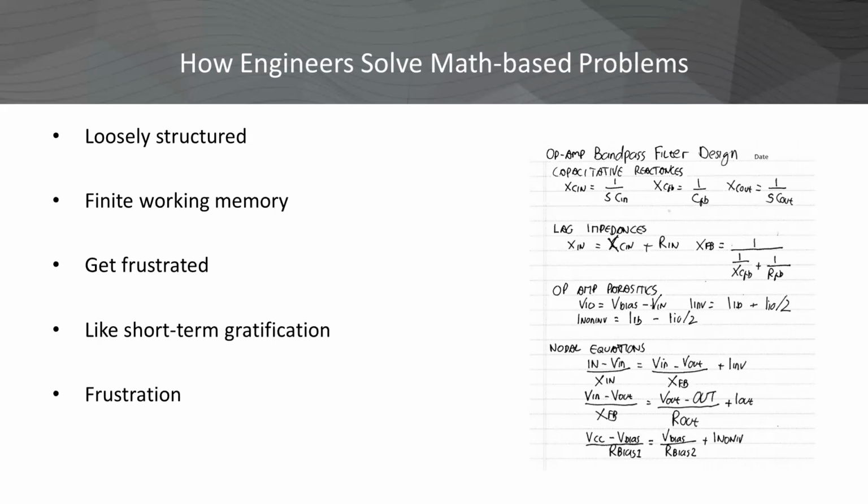People also have a limited amount of short-term working memory. So if you're doing anything non-trivial, you need to make notes as you're working. Now, it's true that people like short-term gratification, and that's not necessarily a bad thing if that blast of feel-good neurochemicals is a reward for completing a discrete task and doing it well. So software tools need to feel good to use.